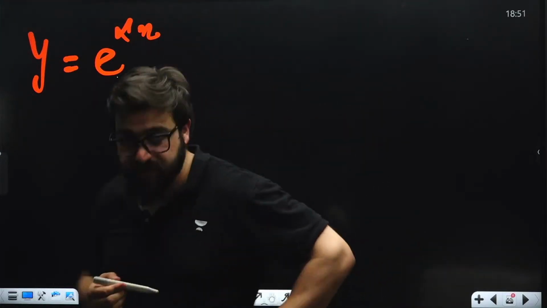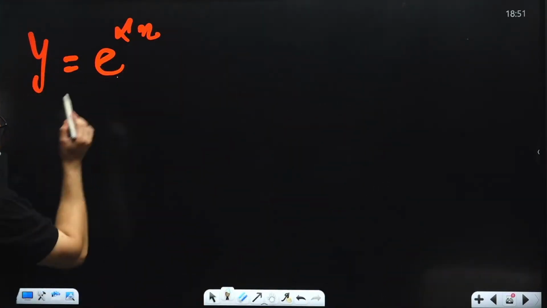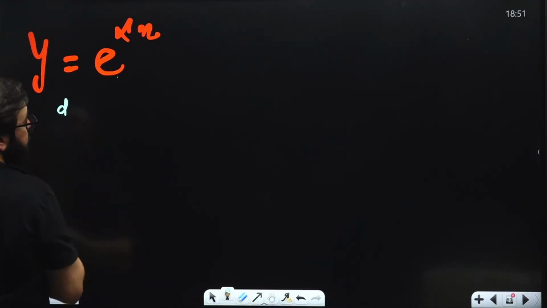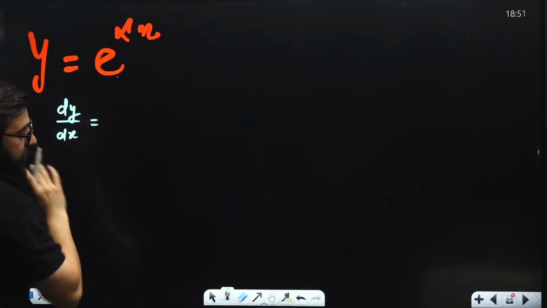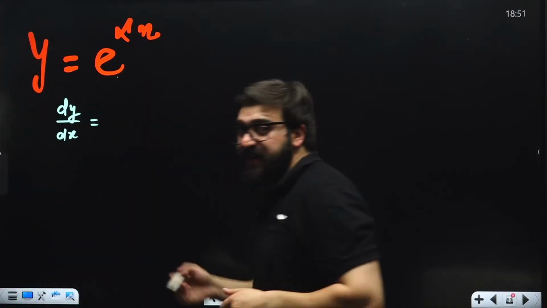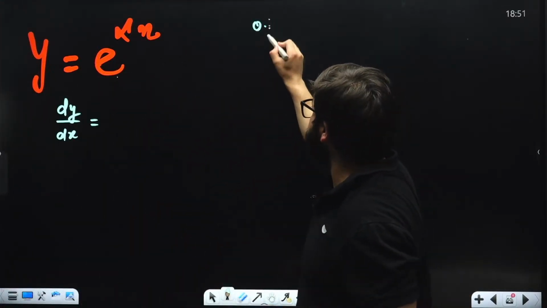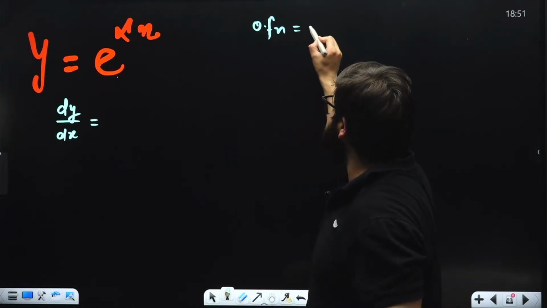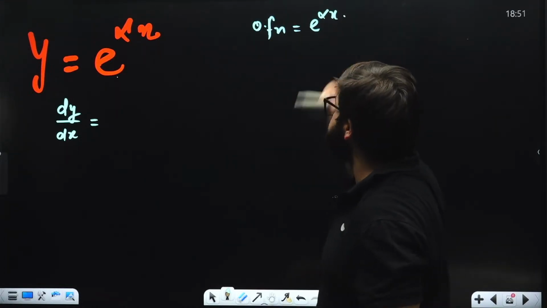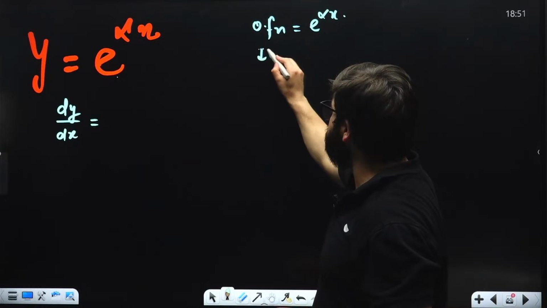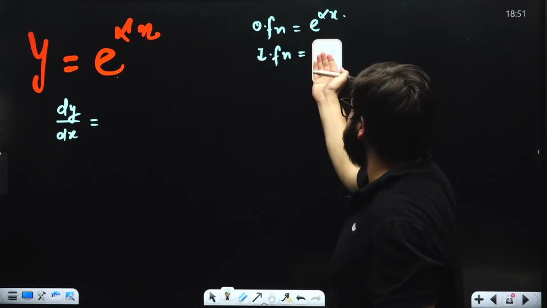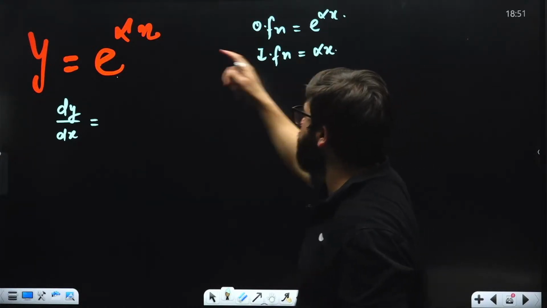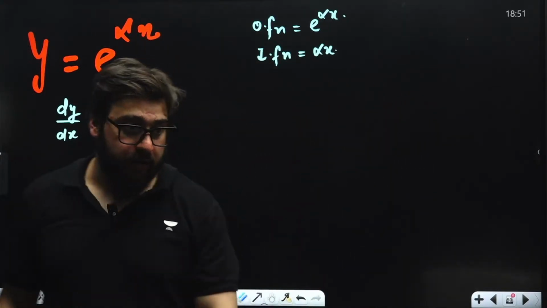In this particular case, the outer function is e raised to the power alpha x, and the inner function is this alpha x, whatever is placed in the power.